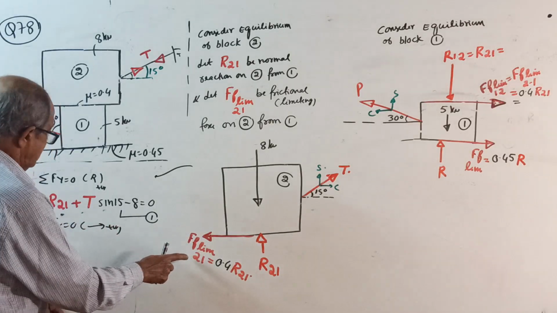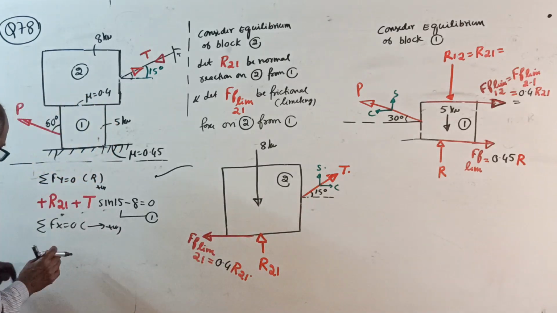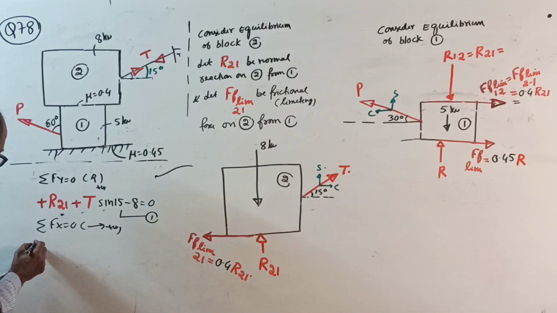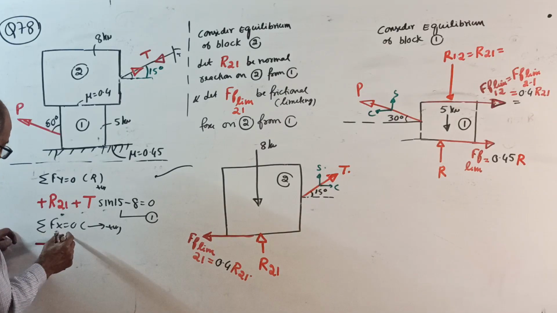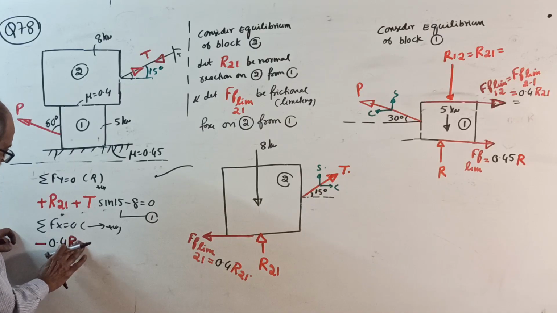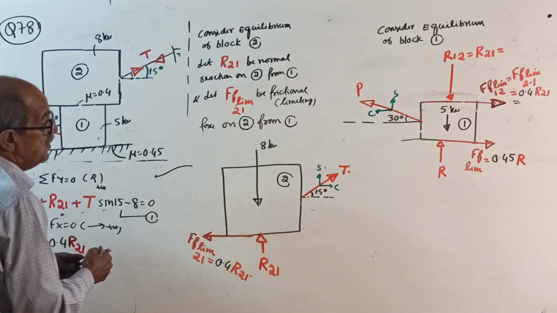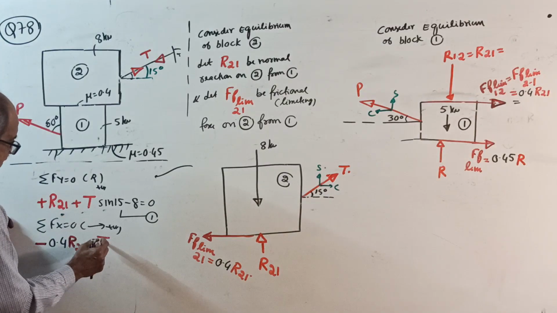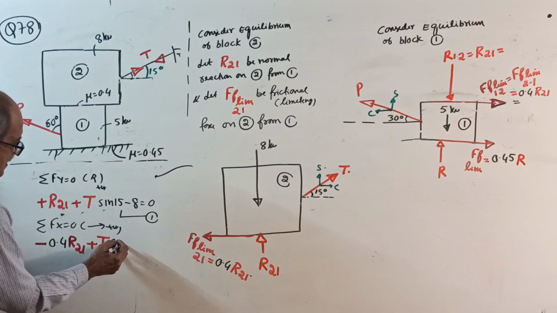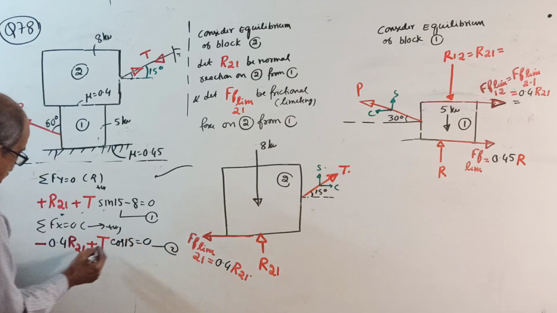So first, minus 0.4 R21, plus T cos 15 equal to 0, equation number 2.